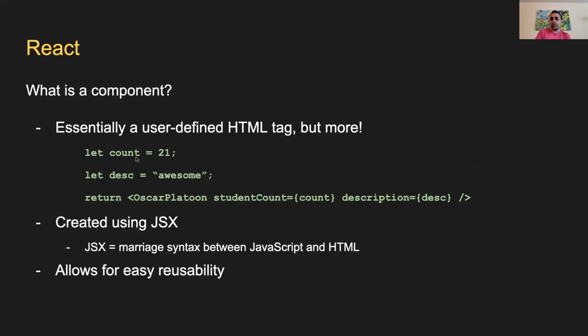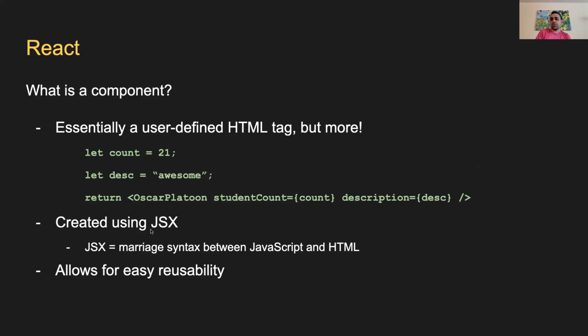So I have a variable of count, a variable of desk, and I have those values, and I return something that looks like HTML. Here I have something called Oscar Platoon, which is my component. So this is an Oscar Platoon component, and I have some properties here I'm setting. I'm setting student count and description as those values that I had before.